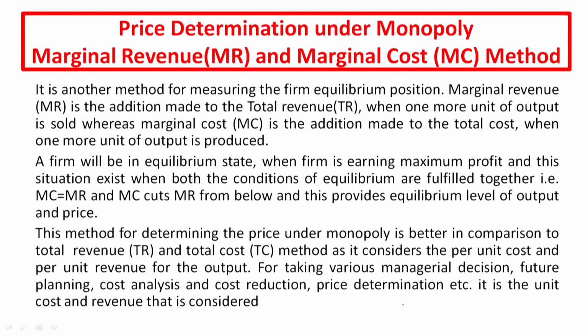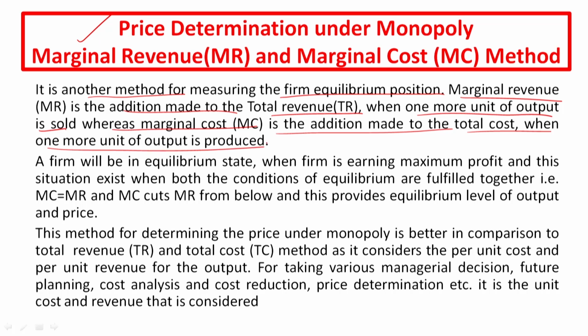Price determination under monopoly, marginal revenue and marginal cost method. It is another method for measuring firm equilibrium position. Marginal revenue is the addition made to the total revenue when one more unit of output is sold, whereas marginal cost is the addition made to the total cost when one more unit of output is produced.